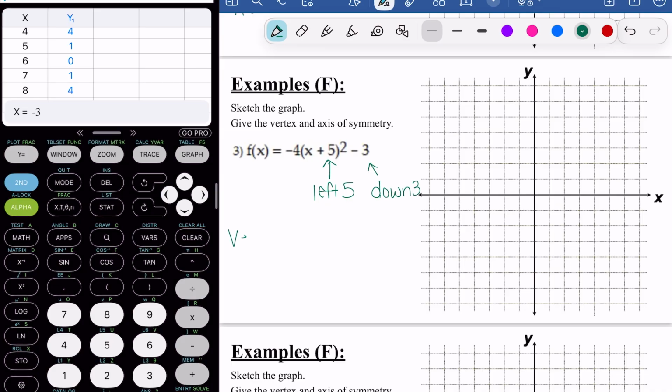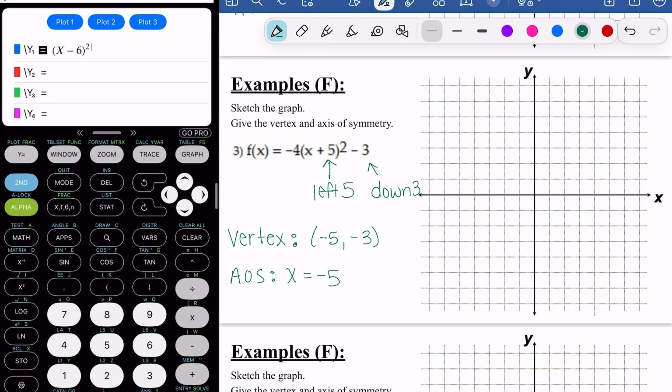So my vertex is going to be at h, k, so that means that I'm at negative 5, negative 3, and my axis of symmetry is going to be at x equals negative 5. But we can use our calculator to help us graph and get our points. So negative 4 (x plus 5) squared minus 3.